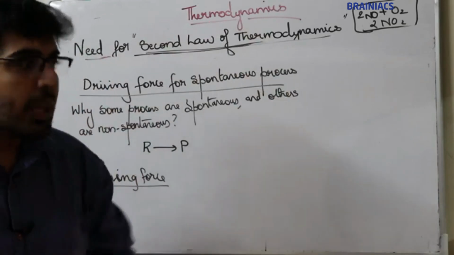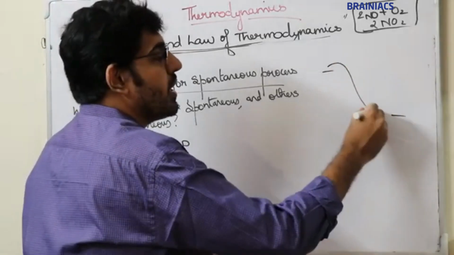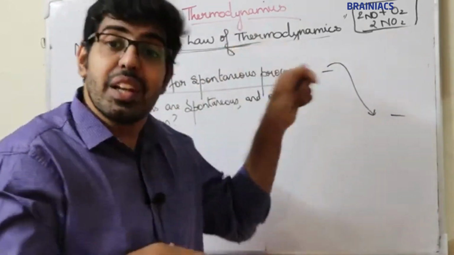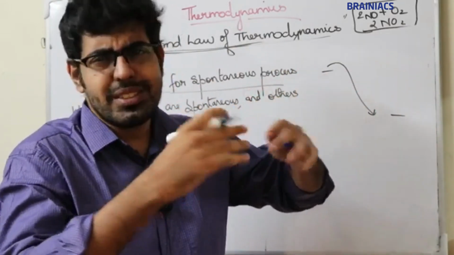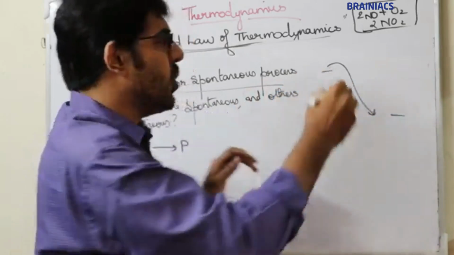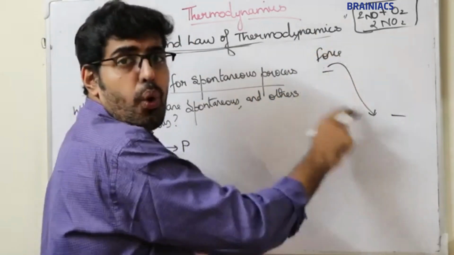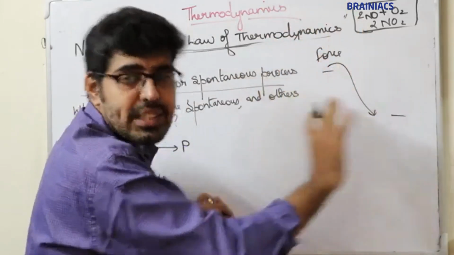For example, the flow of water from high altitude to low altitude. This process is spontaneous. Why is this process spontaneous? There is a driving force, a force which drives, which helps. So there is a force here which helps the flow of water from high altitude to take place by itself.